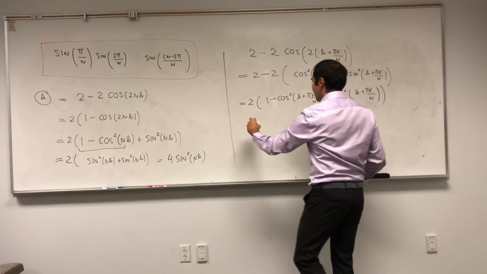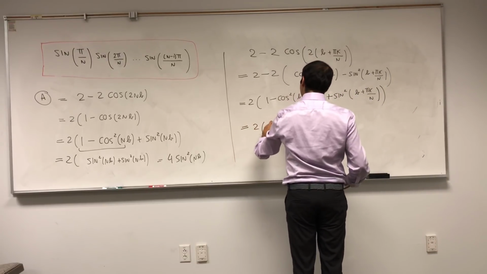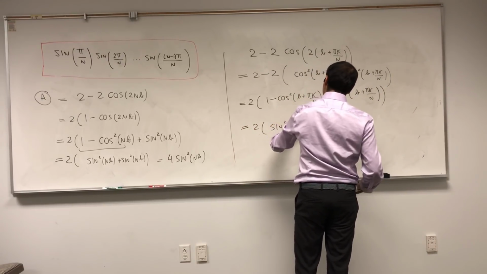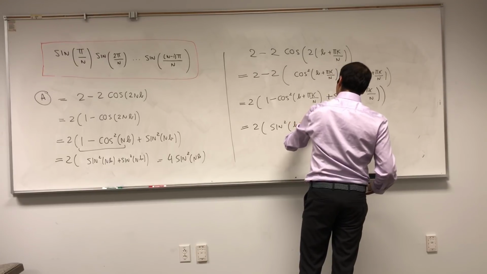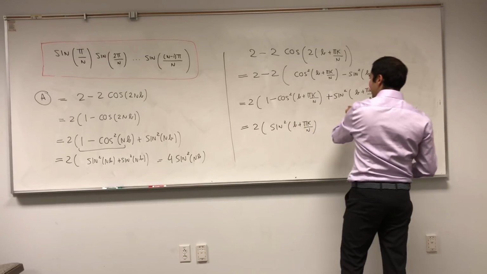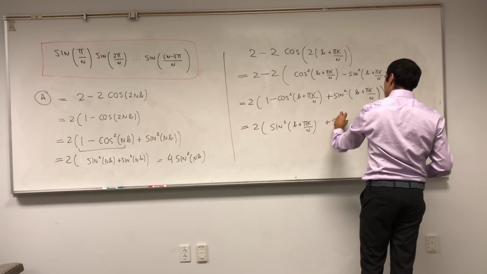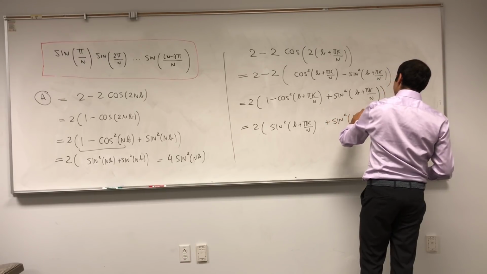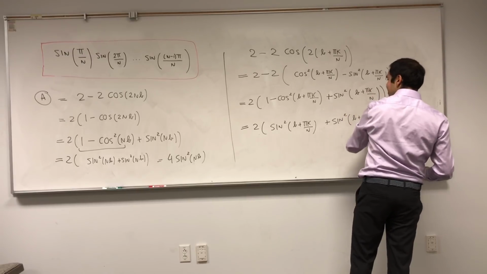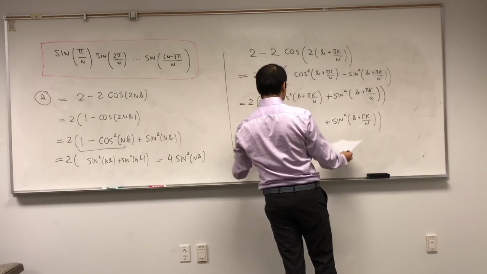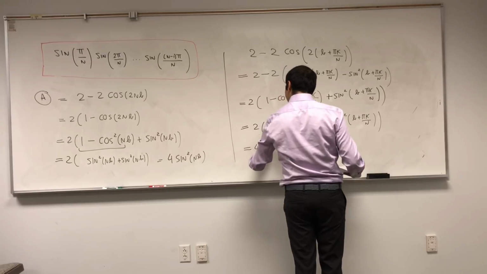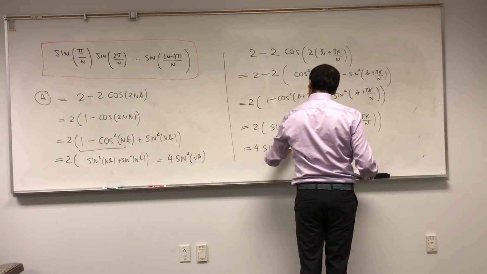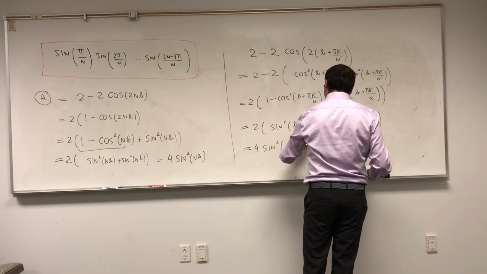So we get 2 times sine squared of b plus pi k over n plus sine squared of b plus pi k over n. And then now it simplifies. This is 2 times sine squared. So in the end, we get 4 times sine squared of b plus pi k over n.